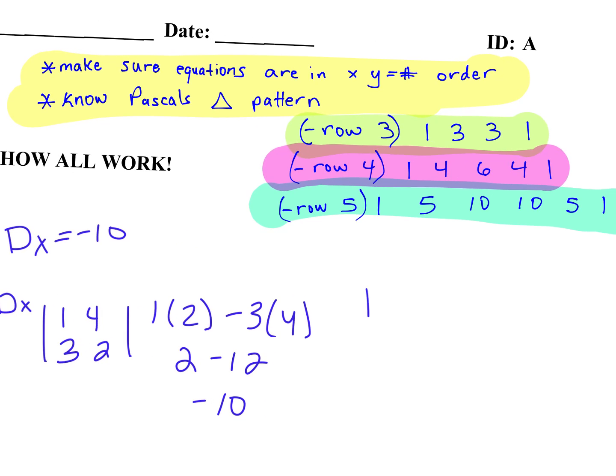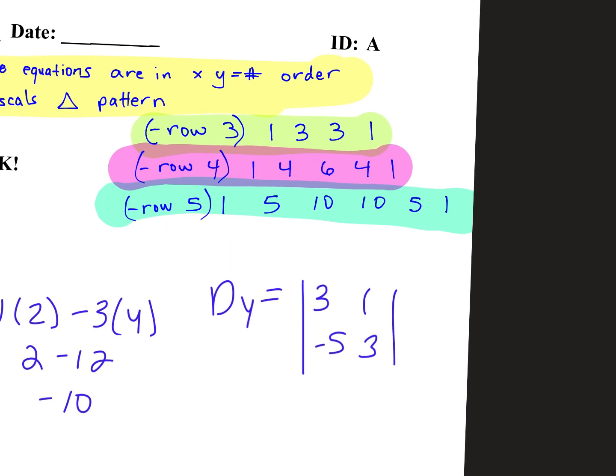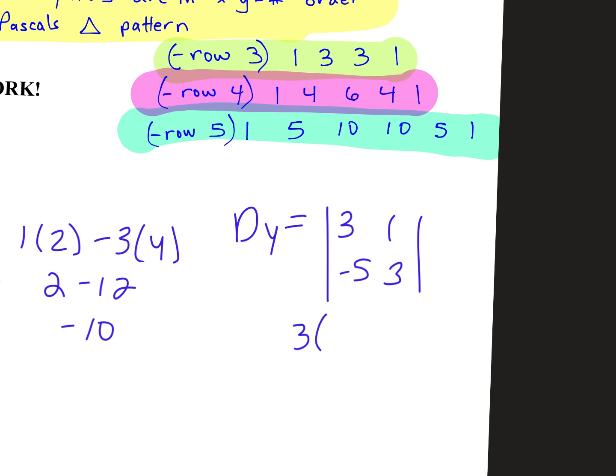And now I'm going to find my d sub y. How do I find my d sub y? What goes in the x column? The x's, so 3 and -5. What goes in the y column? The answers, 1 and 3. So this is going to be 3 times 3 minus 1 times -5.